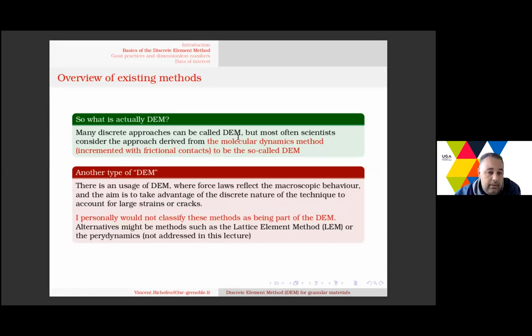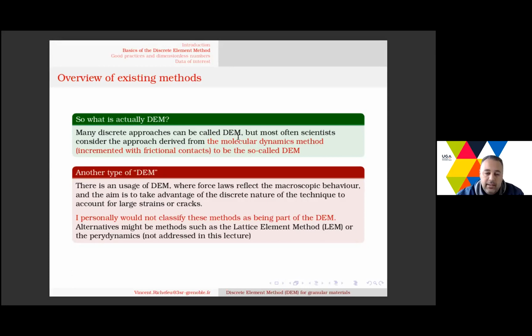So I will explain later in practice how we play with that. But there is a usage of the DEM which is a little different. Because the DEM from a computer point of view is easy to handle.